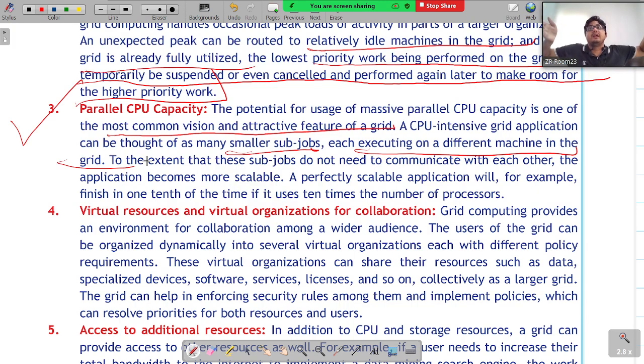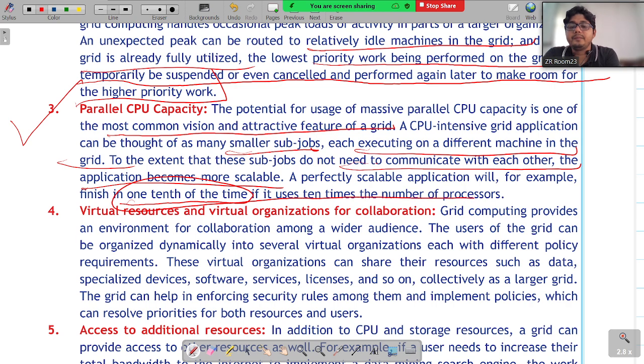To the extent that these sub jobs do not need to communicate with each other, the application becomes more scalable. I will explain this line, don't worry. A perfectly scalable application will finish in 1/10 of the time if it uses 10 times the number of processors. Correct?